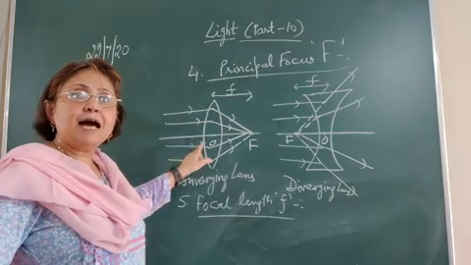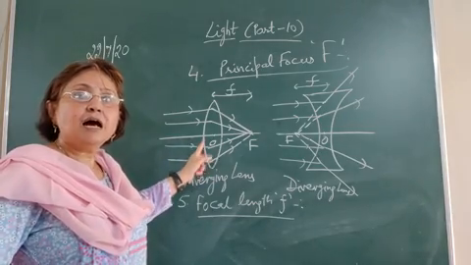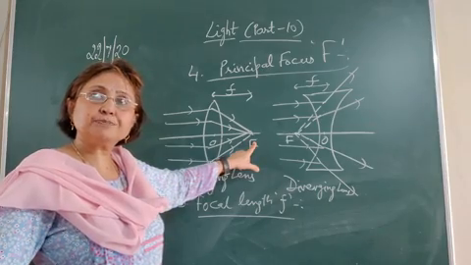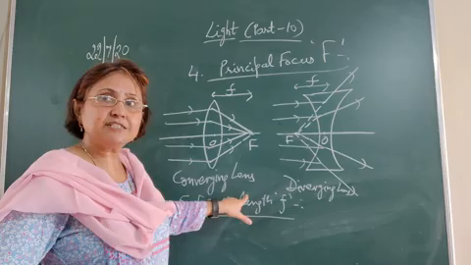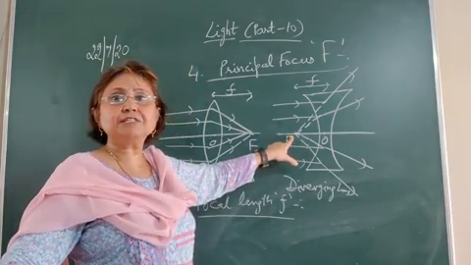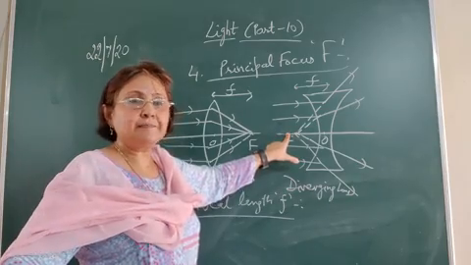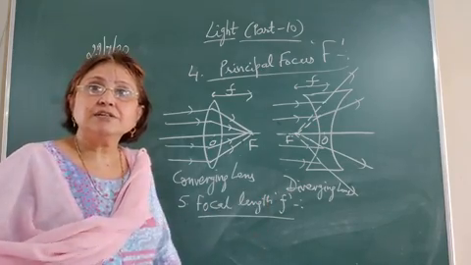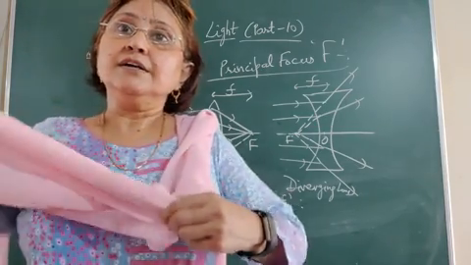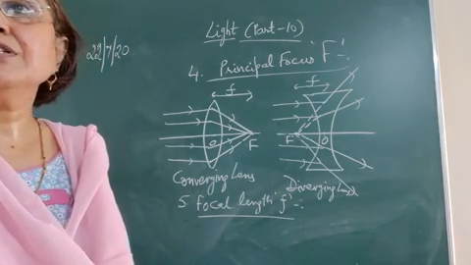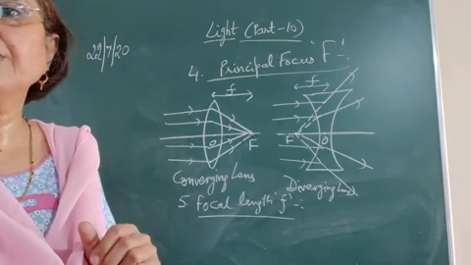Principal focus, a parallel beam of incident light after refraction either actually converges at a point on the principal axis on the other side in case of a convex lens, or appears to diverge from a point on the principal axis on the same side. So the concave lens, as it diverges the rays, is also called the diverging lens, and the convex lens is called the converging lens. So these are a few terms.